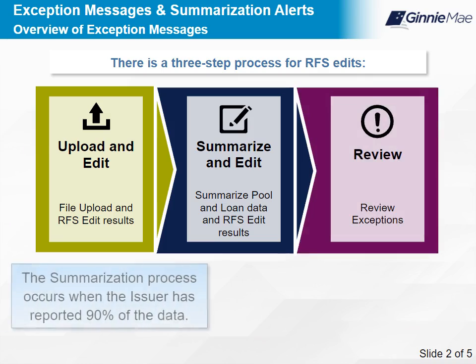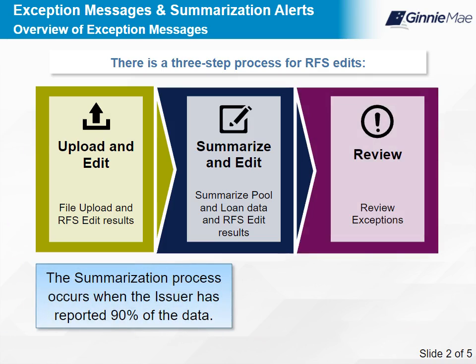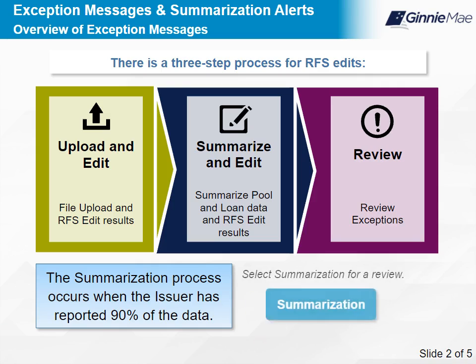Importantly, the summarization process occurs automatically when the issuer has reported 90% of the pool and loan data. 90% automatically starts RFS processing and analyzing the reported data to determine whether there are errors based on Ginnie Mae business rules. Next, we will explore Step 3, Review Exceptions, to understand how these exceptions are determined and reported, and when summarization alerts are issued.